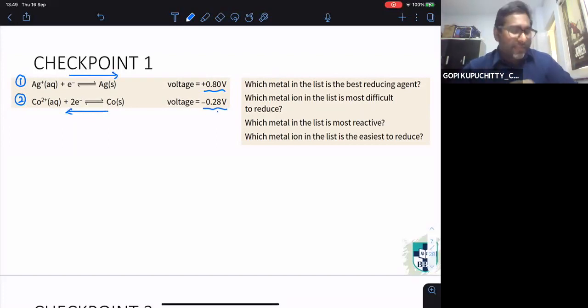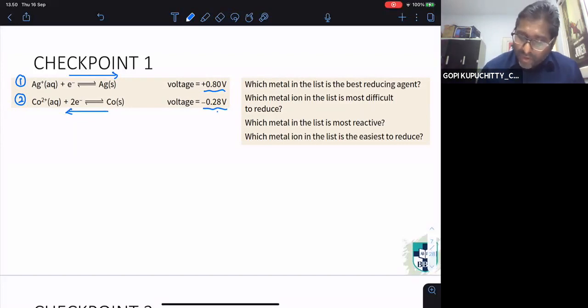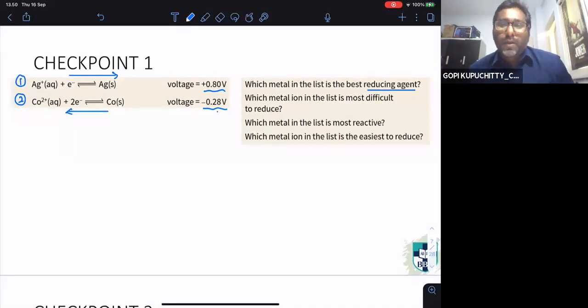Now, if you want to answer the question of which one is the best reducing agent, you're comparing between these two. What is a reducing agent? Something that will reduce others, but at the same time gets oxidized. What is oxidation then? Oxidation is loss of electron.